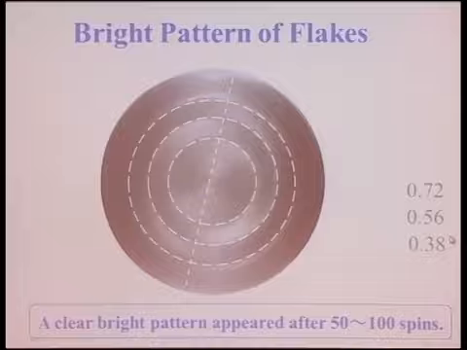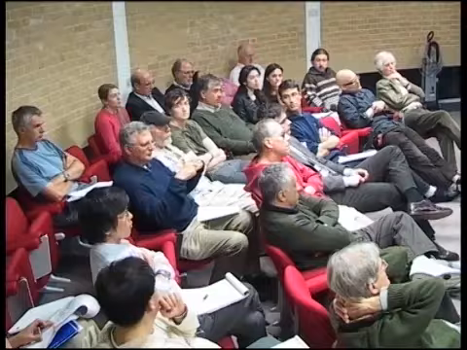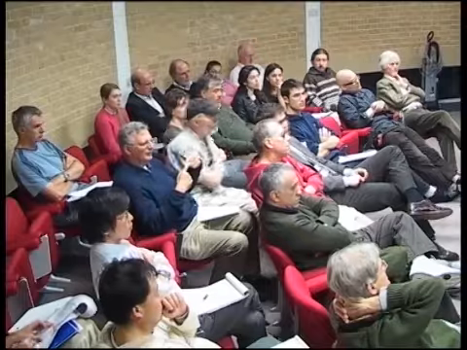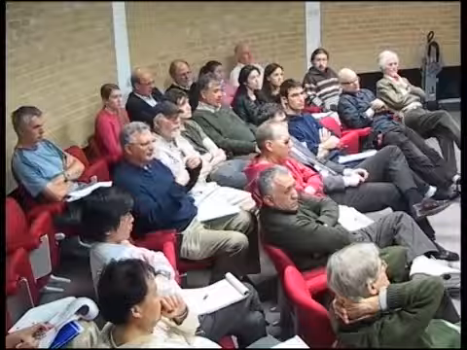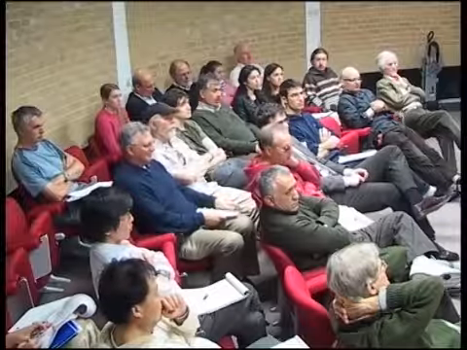This is because the solid body rotation is slightly inclined from the spin axis. Is this 100 fast spins or slow? After 100 spins, yes, the spins. But this precession rotation is 500 times slower.